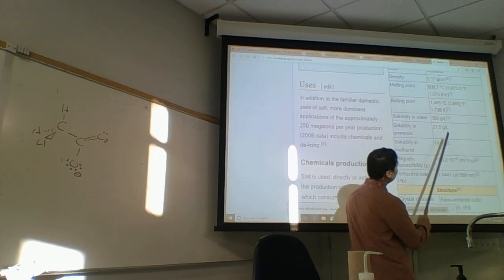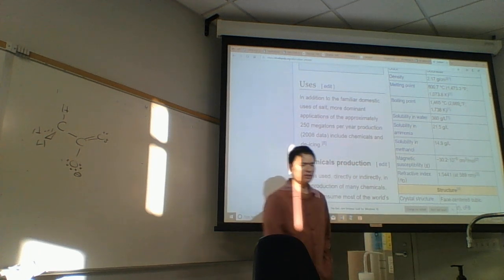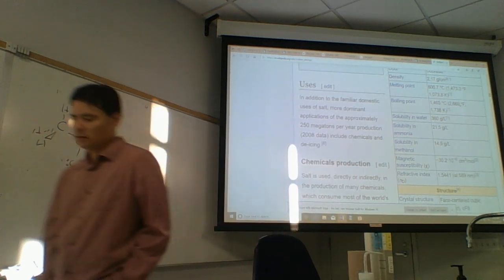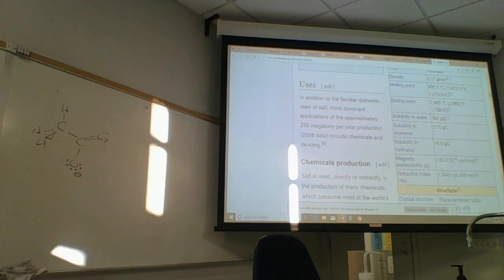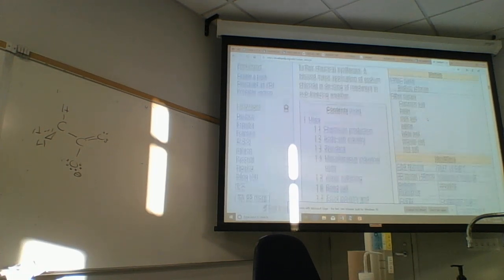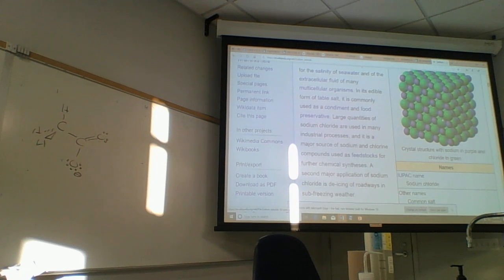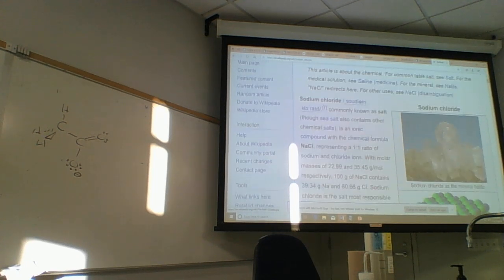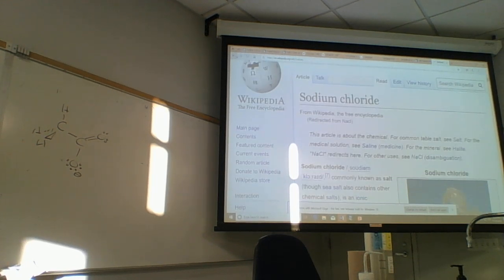A cup would be about 200 milliliters, so about 72 grams of salt in 200 milliliters would be saturated. Now, it would be very hard to get this supersaturated because you look at the shapes, and these shapes can easily crystallize out.